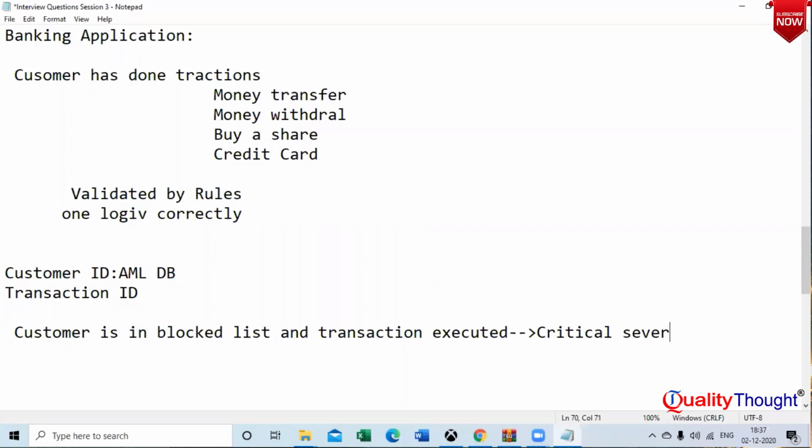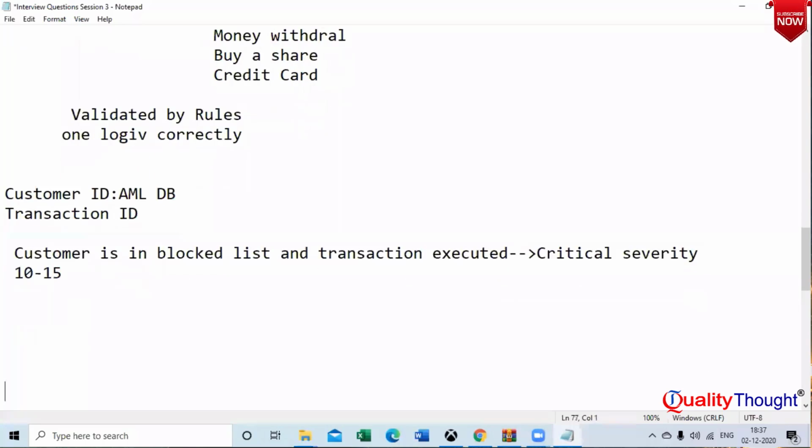This is one example. Now, for example, high severity. In one banking application, each customer can do several transactions, at least 10 to 15, like money transfer, withdrawal, apply loan, all these things.